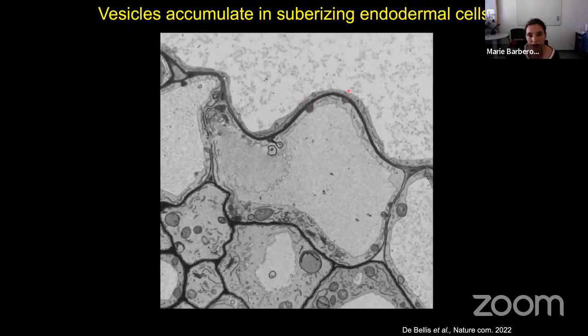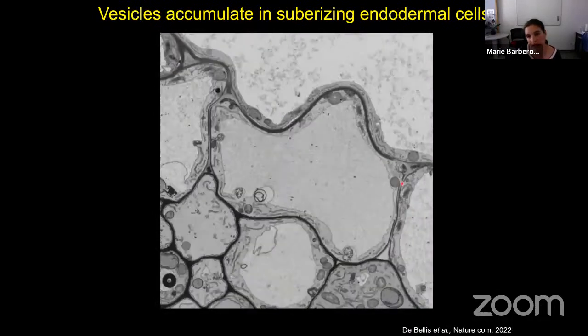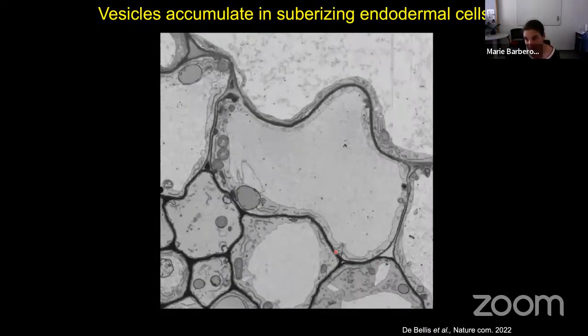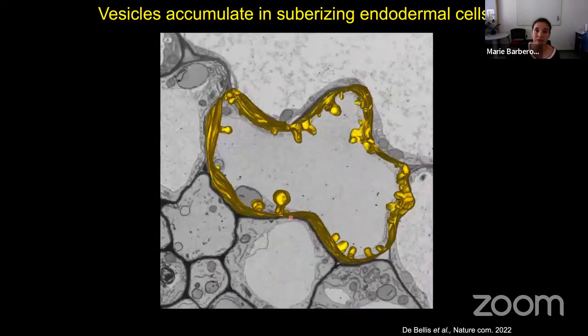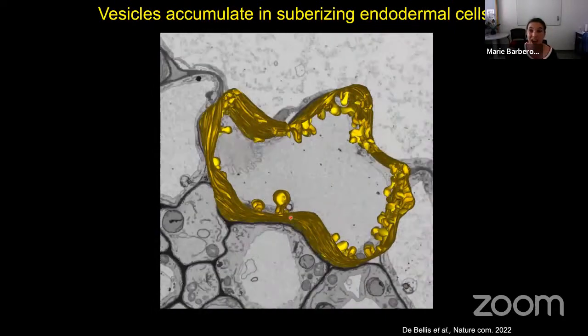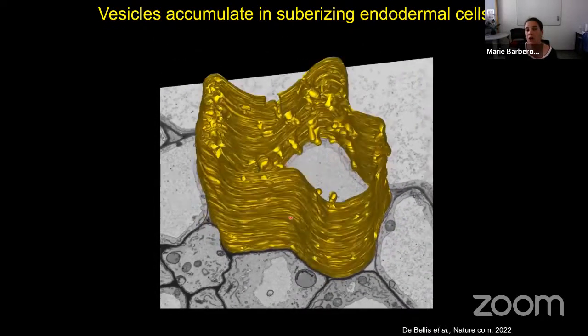Here you have one, here you have another, and so on. Now we are moving in Z, and then we will do the 3D reconstruction. So this is a suberizing cell, and if we do a 3D reconstruction, there is a very high density of these vesicles accumulating at the periphery of suberizing cells.